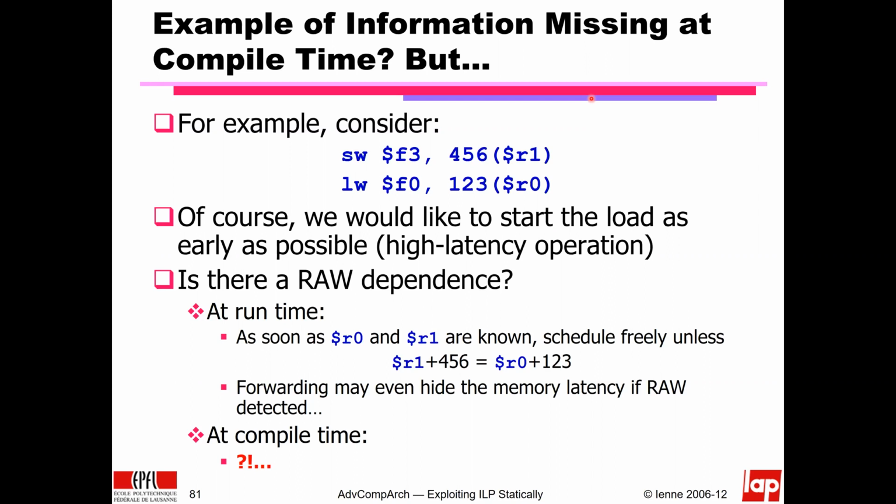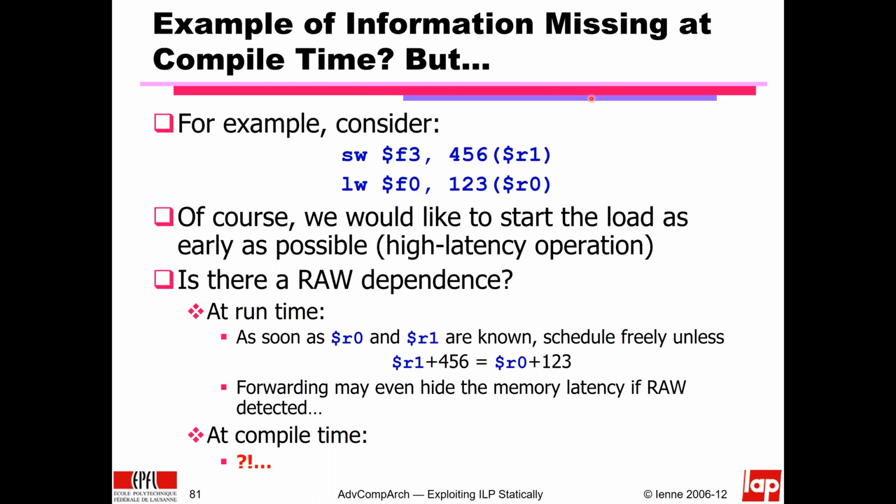Understand if a load has some outstanding store before it, and if one of these outstanding stores is conflicting, I cannot execute the load before, but if there is no conflict, I can. So this I can do at runtime, I am trying to detect these things.